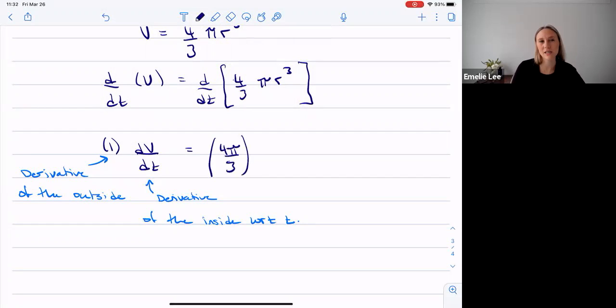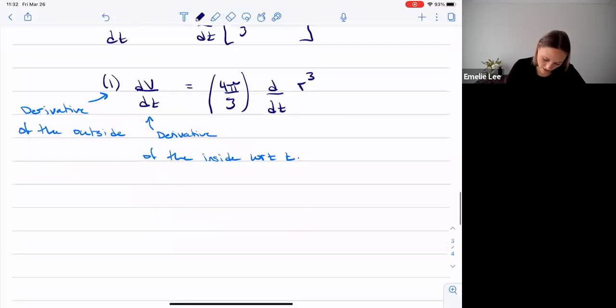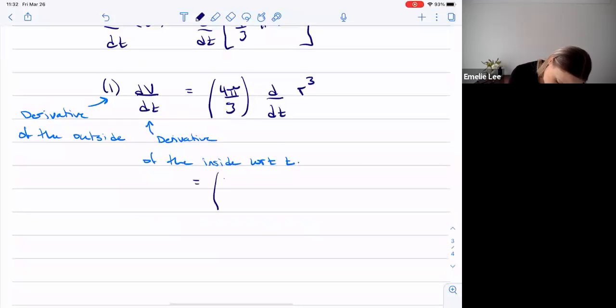The only variable in here is the radius r, so I have d/dt of r to the power of 3.